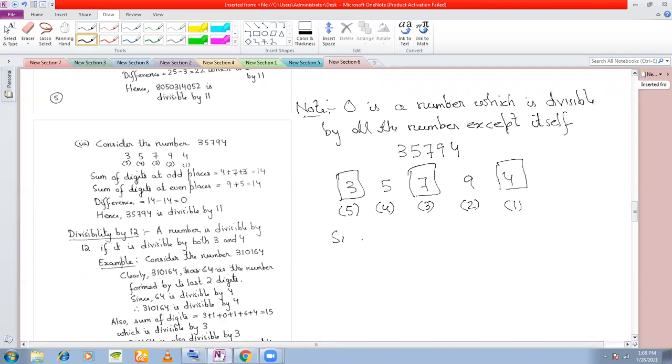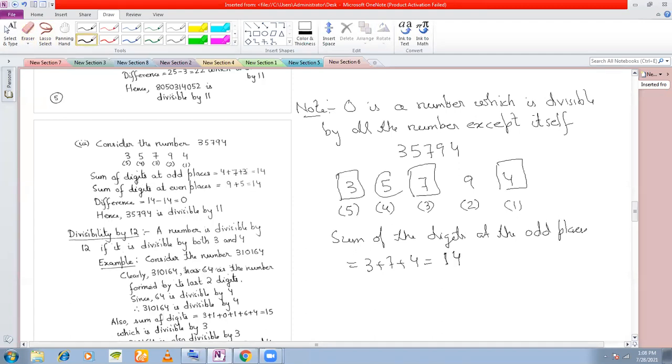So sum of the digits at the odd places. 3 plus 7 plus 4. 15, rather 14. Should be 14.